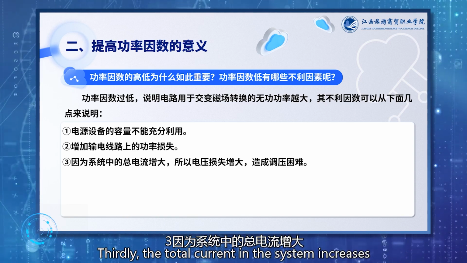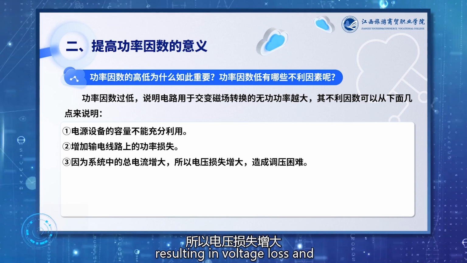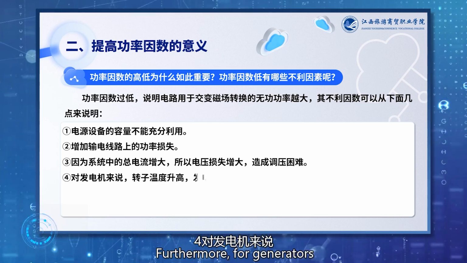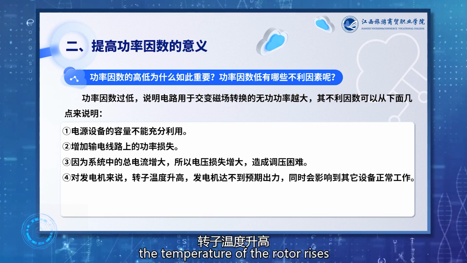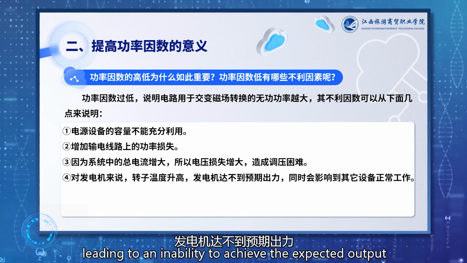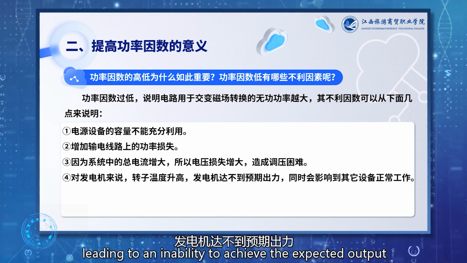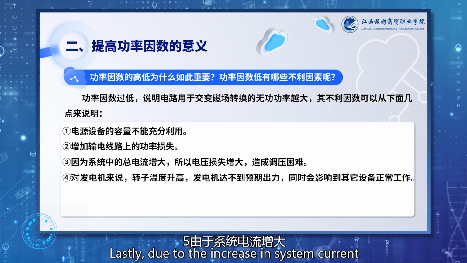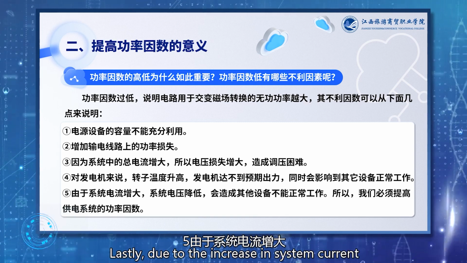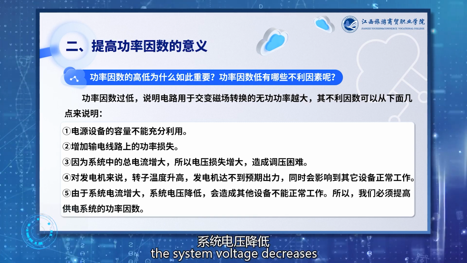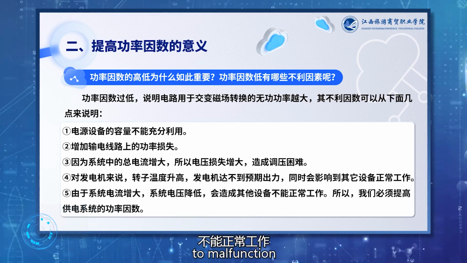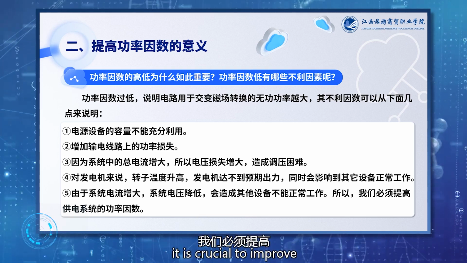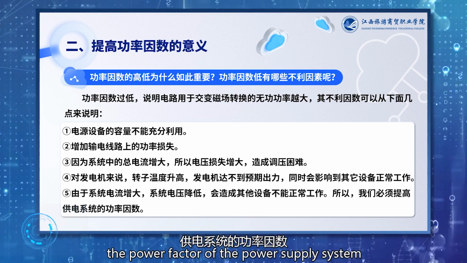Thirdly, the total current in the system increases, resulting in voltage loss and difficulties in voltage regulation. Furthermore, for generators, the temperature of the rotor rises, leading to an inability to achieve the expected output. Lastly, due to the increase in system current, the system voltage decreases, causing other equipment to malfunction. Therefore, it is crucial to improve the power factor of the power supply system.